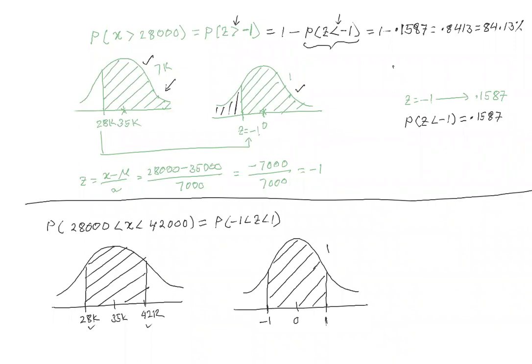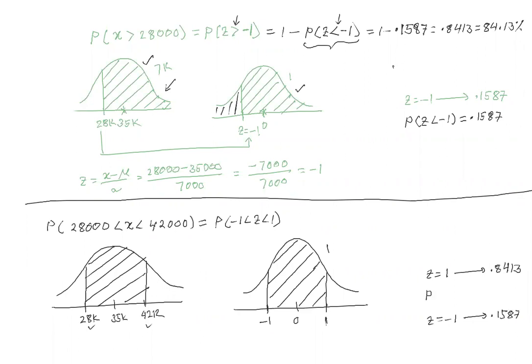Okay, all right. So now let's look it up in the z-score table. For z equal to 1, that gives you a value of 0.8413. And z equal to -1 gives you a value of 0.1587.